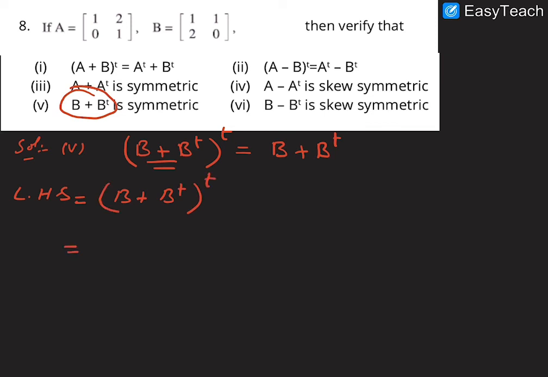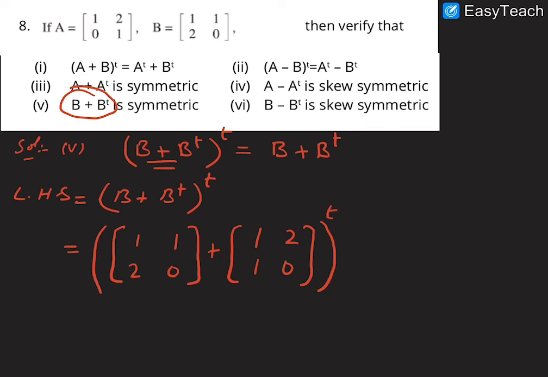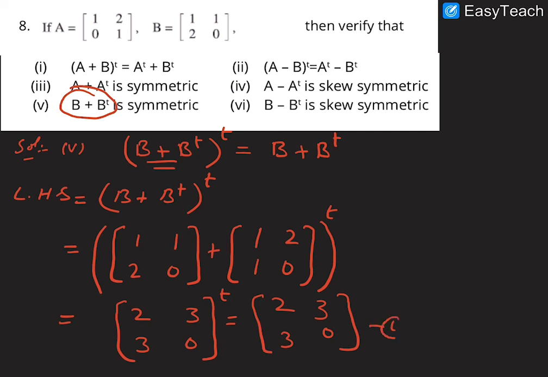B is 1 1 and 2 0. Its transpose will be 1 1 2 0. So when you add, you will get 2 3 3 and 0. Its transpose will be 2 3 3 0, interchanging rows into columns. So this is equation 1.